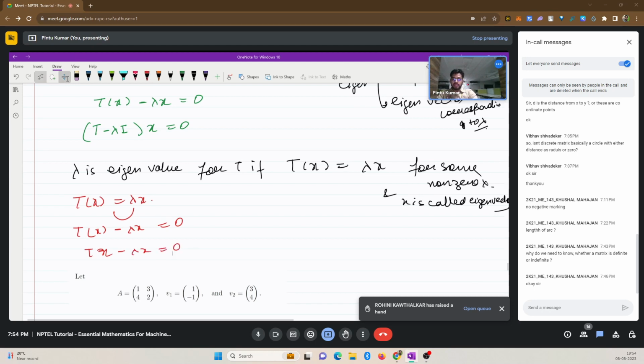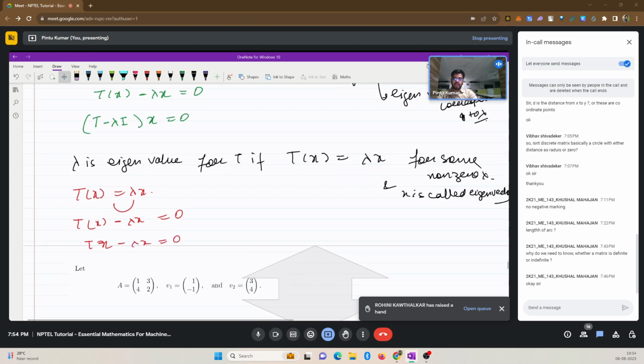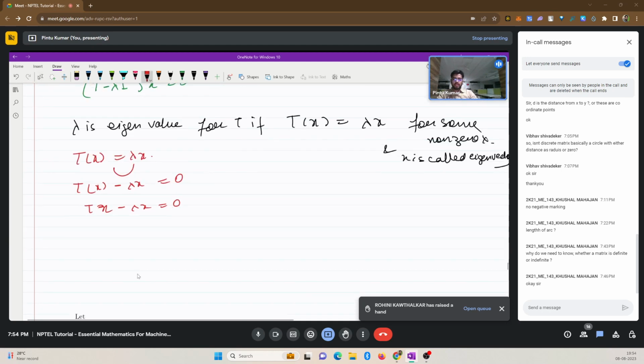And if I now take x common, what am I left with? T minus lambda I times x is equal to 0. And what I want is that I should have a solution to this, and my x should be non-zero. When can I get a non-zero x? If the determinant of T minus lambda I is equal to 0.